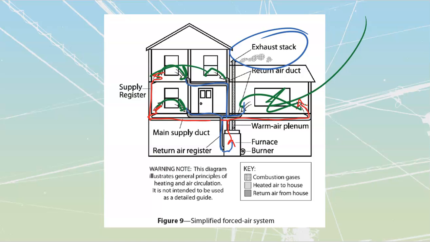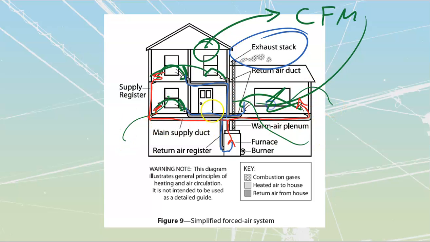Every once in a while it is going to run and take out a certain amount of CFM, cubic feet per minute. So the number of minutes it runs is going to define the number of cubic feet that it's going to take out, but it's going to pull a bunch out, which means that a bunch of others are going to leak into other areas inside of our house, through doors and windows and cracks, etc. But it's going to be fresh air that's going to be full of oxygen, etc.